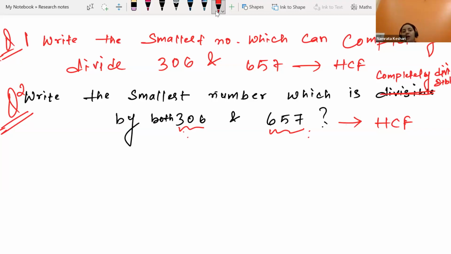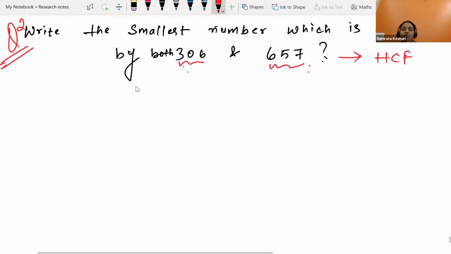For the second question, I'm keeping the first aside. We are finding the smallest number which is divisible by 306 and the same number is divisible by 657. Now 3 is completely divisible by 306?